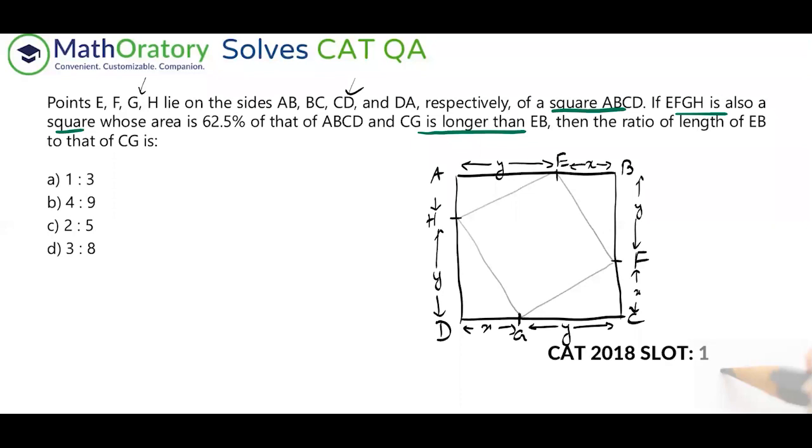First of all, the entire figure is a square, so every side should be X plus Y, and also because the inner part is also symmetrically distributing, every part should be divided into X and Y. So this is what we have.